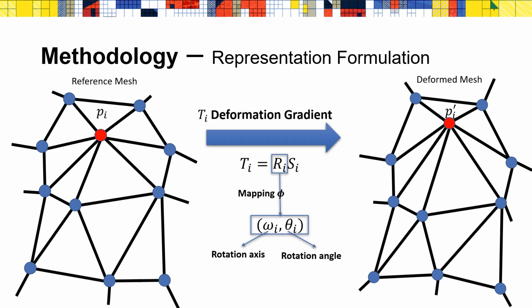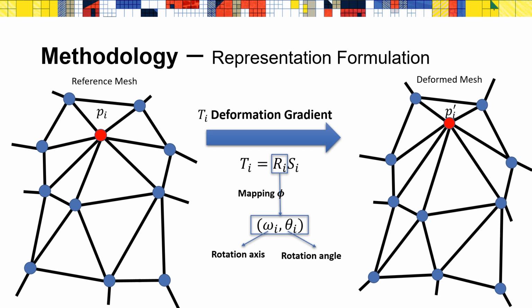So we could use least squares to estimate the deformation gradient in each vertex neighborhood, and we can decompose the deformation gradient into the rigid rotation and the scaling part. And for the rigid rotation, we know that it includes two variables. One is the rotation axis, another is the rotation angle.